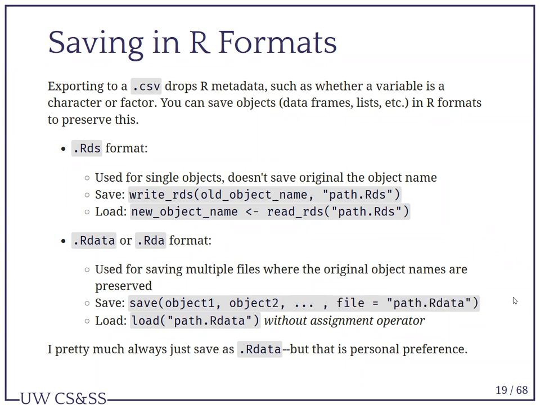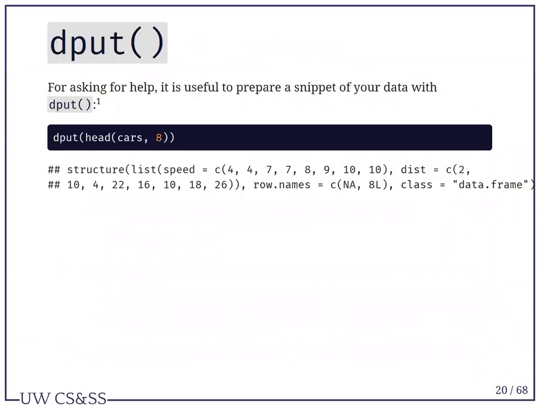And it will save all of those objects in your environment to your working directory. And then you can load them using the load function. Note that this doesn't have an assignment operator. It'll just load those things into your environment. I pretty much always save things as .rdata, but this is only personal preference.